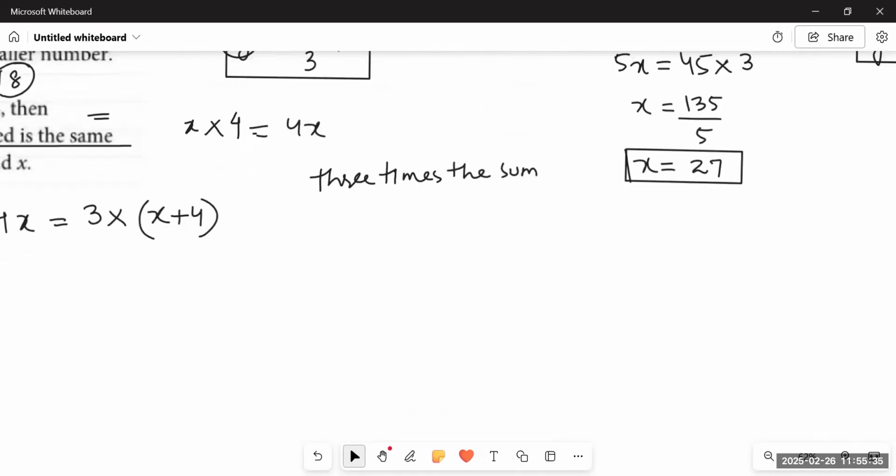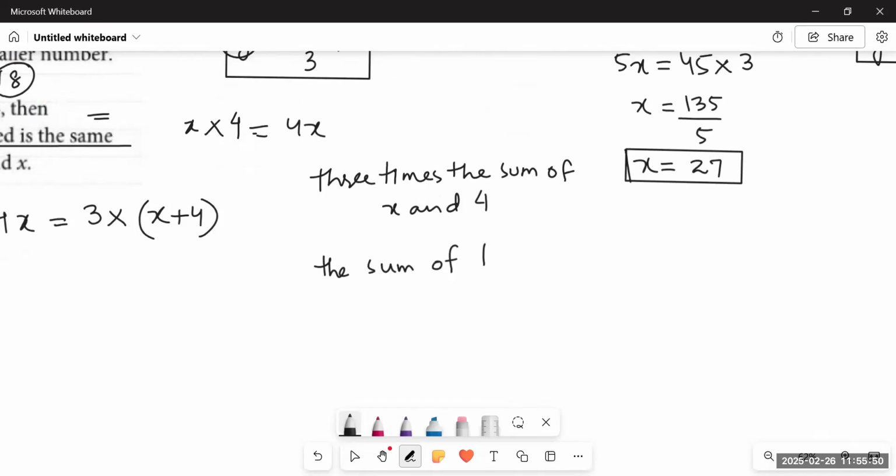let me write down two expressions over here so it becomes easier for you to understand. 3 times the sum of x and 4, and the sum of 3 times of x and 4 are two different statements. In this one, the sum of x and 4 would come inside the bracket.